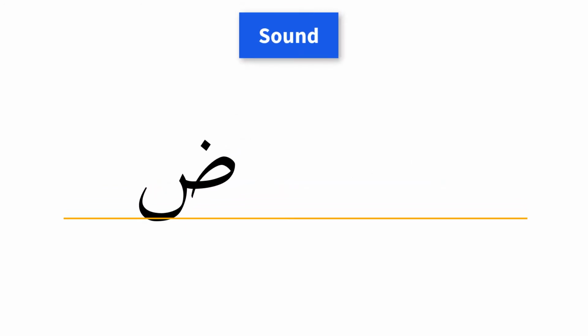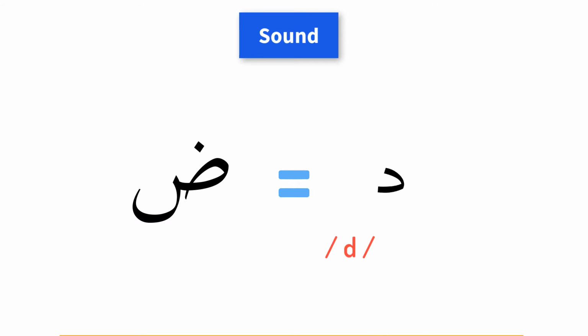Its appearance is exactly the same as the sod, except that there is a dot placed above it. As to its pronunciation, it is like the d sound in dal that has been rounded.